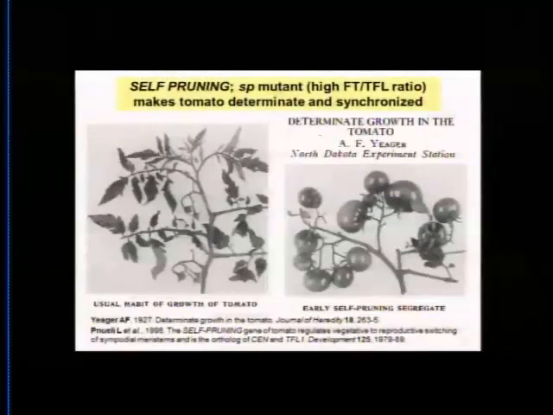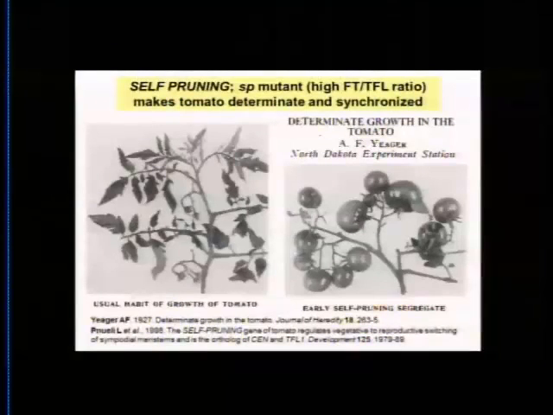It's indeterminate in the sense that throughout the entire growing season it will produce some flowers and some fruit, but you always have an apical meristem which is vegetative, so you are always getting more and more vegetative growth, which is great in your backyard because you can go out throughout the summer and pick fresh tomatoes.